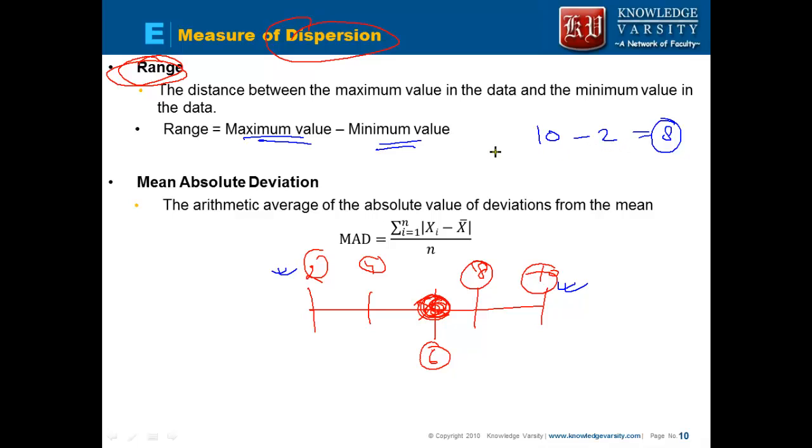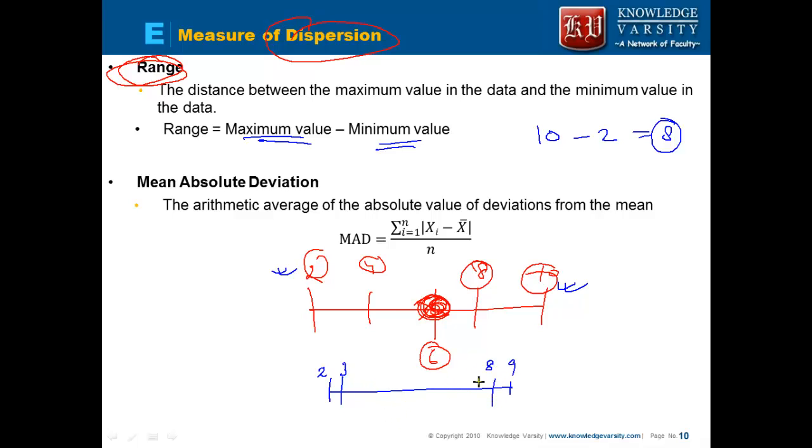What we say is, the higher the range, the higher the dispersion. But note that this is not exactly correct. In this example the range is 10 minus 2, 8. However, it can also happen that the values are more dispersed even if the range is lower. As an example, suppose I have values like 2, 3, and 8, 9.